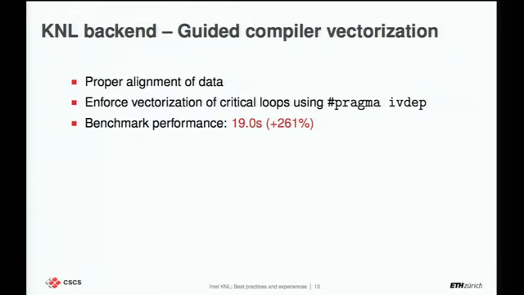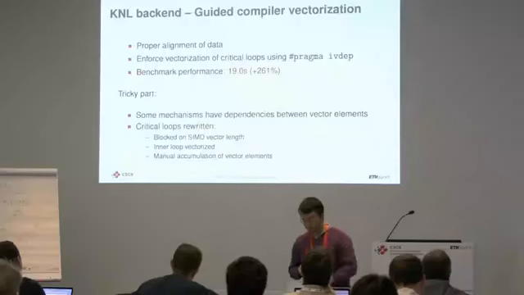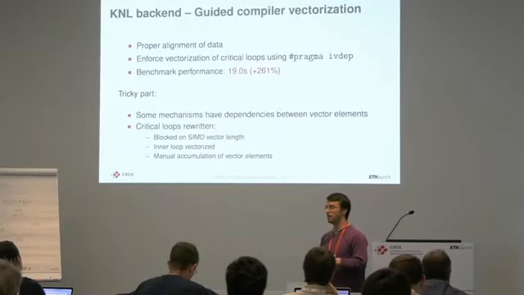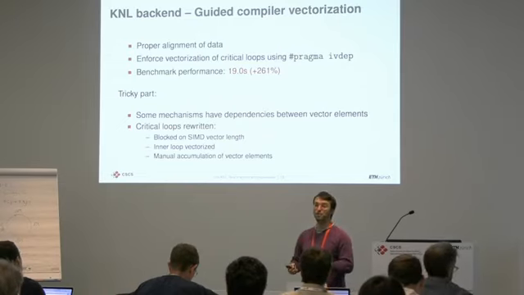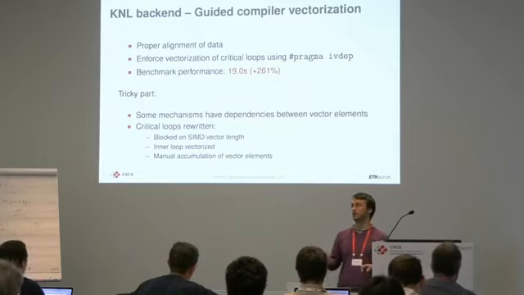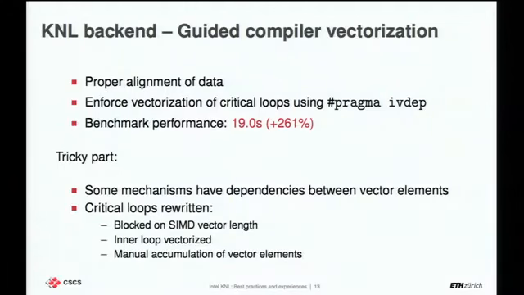And there is a tricky part for some mechanisms, because, as I said, when you're updating the currents, the accesses are indirect. That wouldn't be a problem if the indices weren't aliased with each other. You could just do a gather, then do your computations, and then do a scatter, and you would be fine.